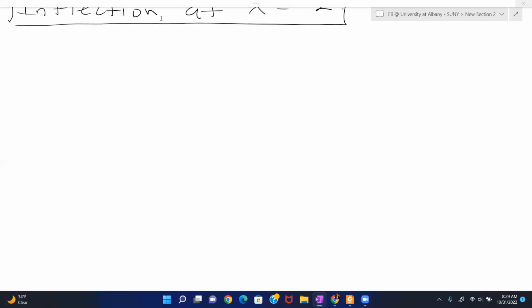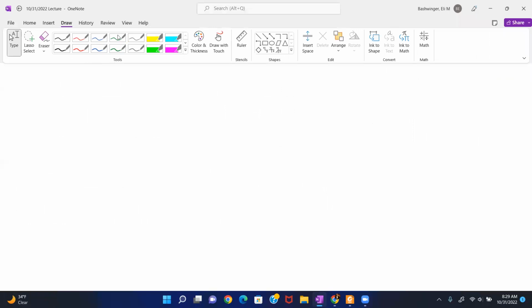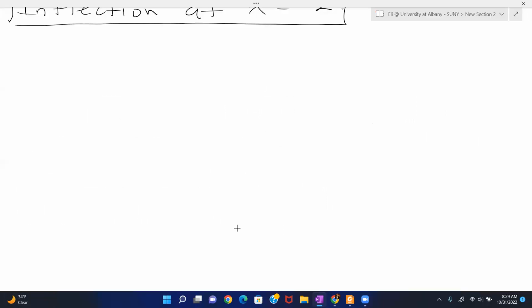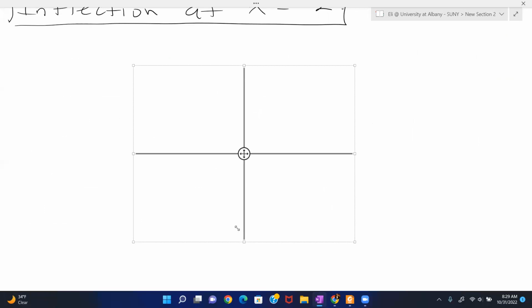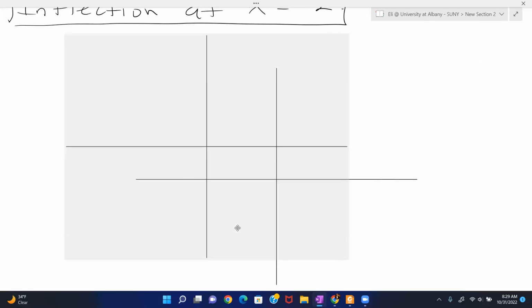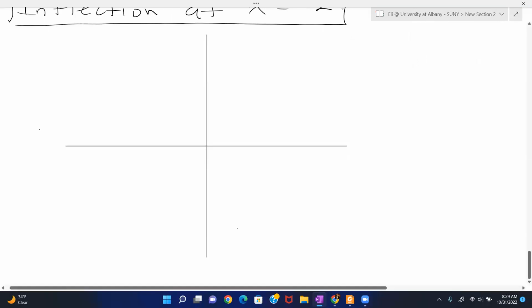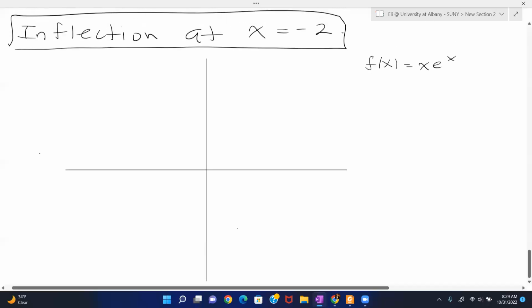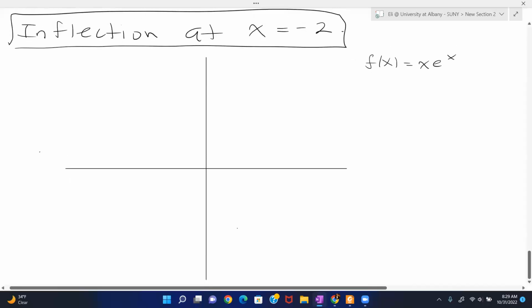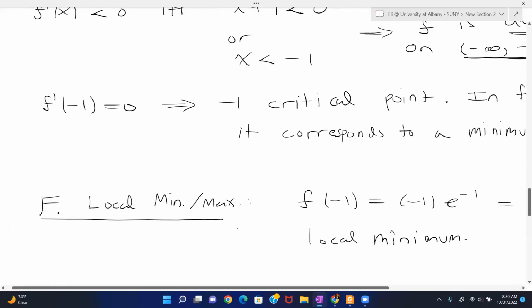See if we can get a somewhat reasonably accurate, decent graph. So here's our XY axis, and we're going to plot f(x) = x e^x. First of all, we know that the x-axis is a horizontal asymptote.